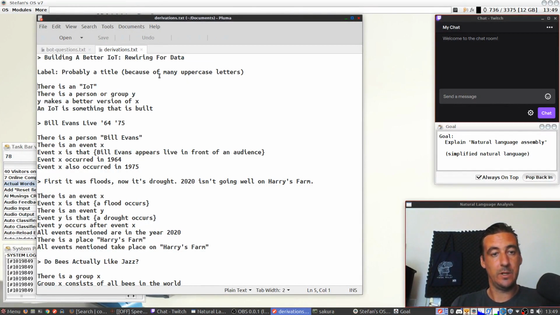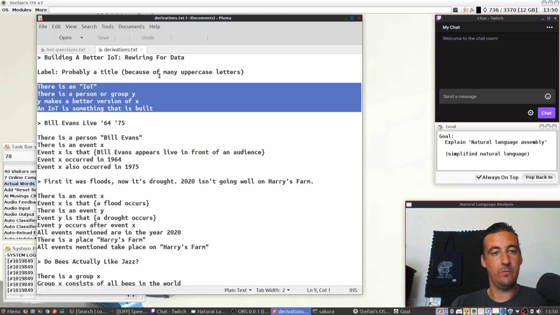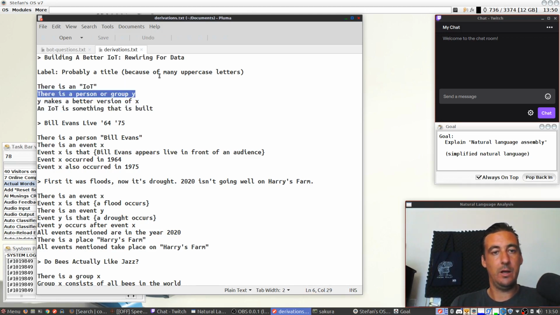So we want to declare lots of things too. Here in the title, the word IoT appears, so we declare it. There is an IoT. We can put a class here, but sometimes it's not clear what kind of thing it is. We just say there is an IoT to introduce a new term locally here. And there is some person or group. This is supposed to be a general placeholder.